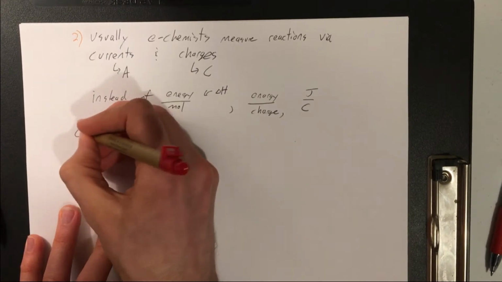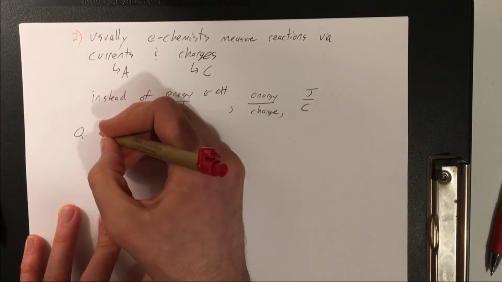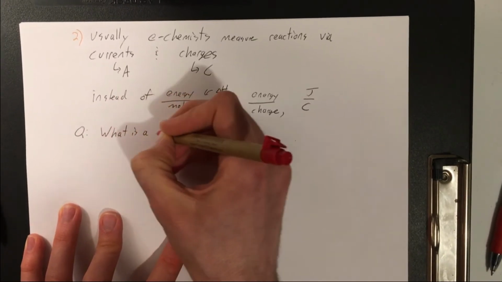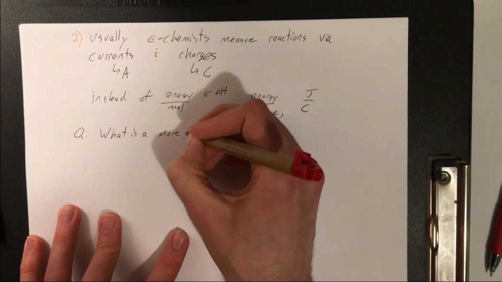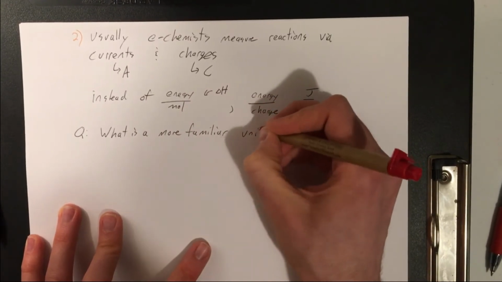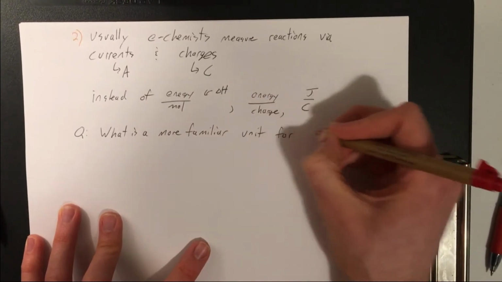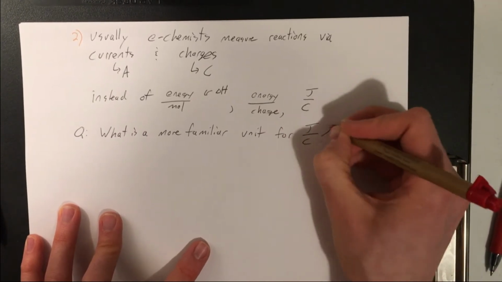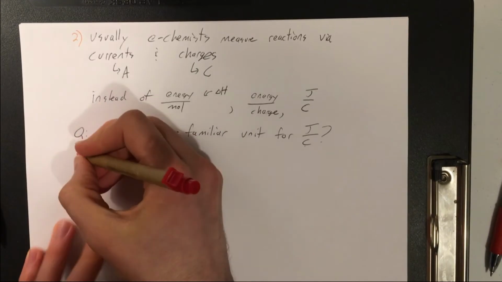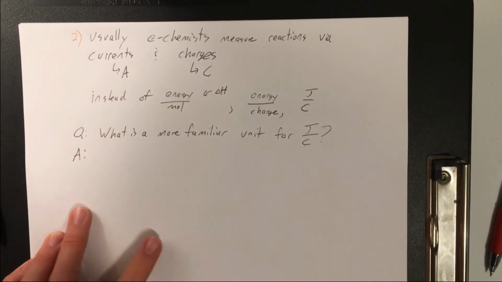So my question is, what is a more familiar unit for joules per coulomb? Well, the answer is a volt.